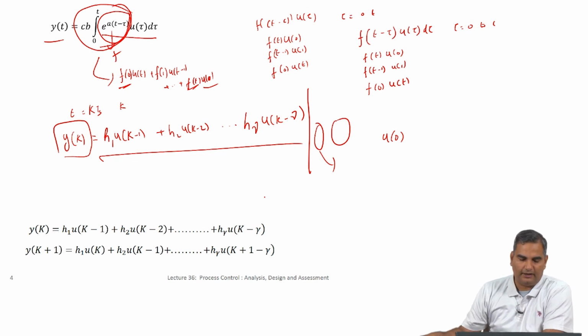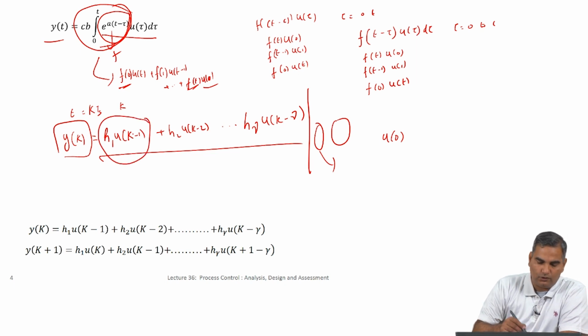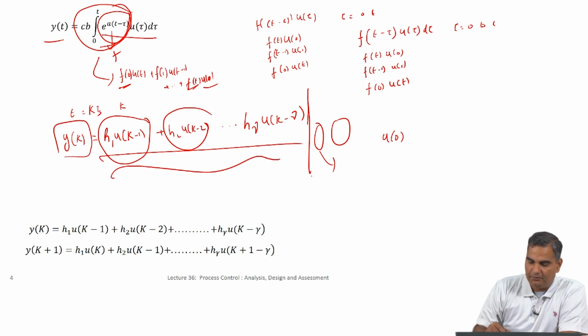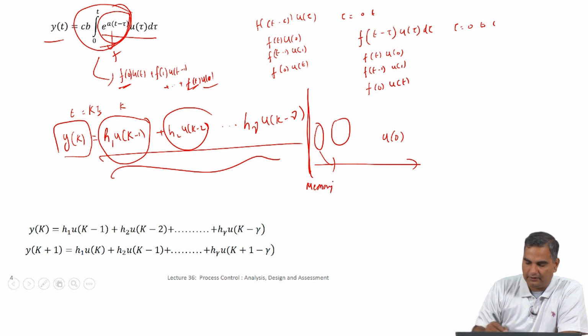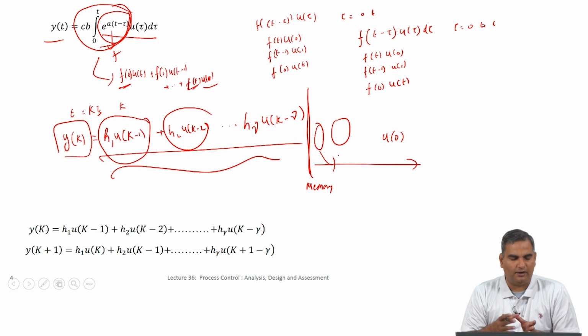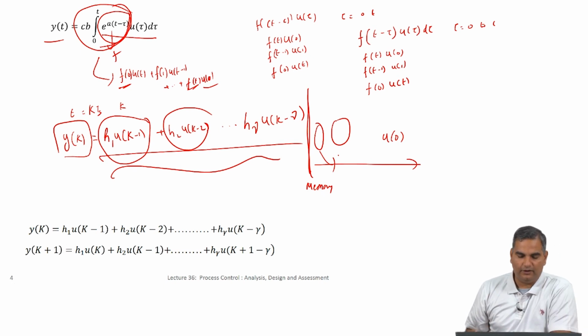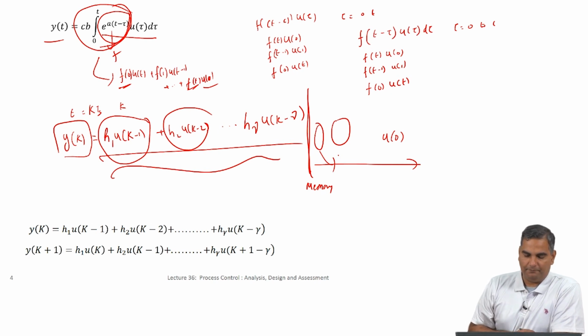So, this is the effect of each of the individual moves, and the addition is the combined effect, and beyond this I am cutting off because of memory. Okay. Beyond this there is no need to worry, because those have such a small effect that when you are looking at yk, it is enough to look at these.